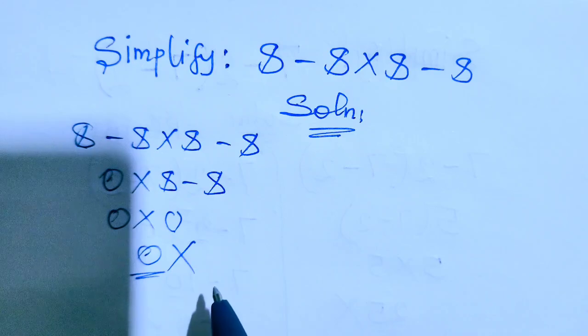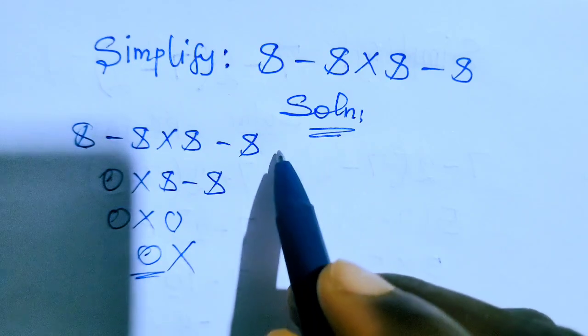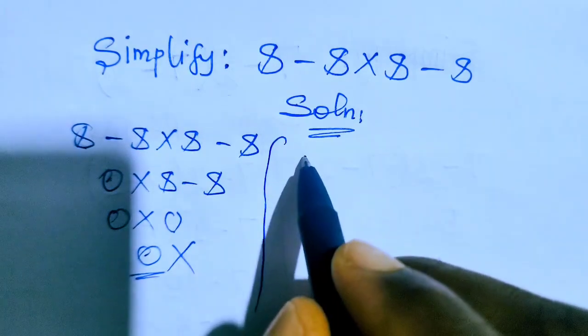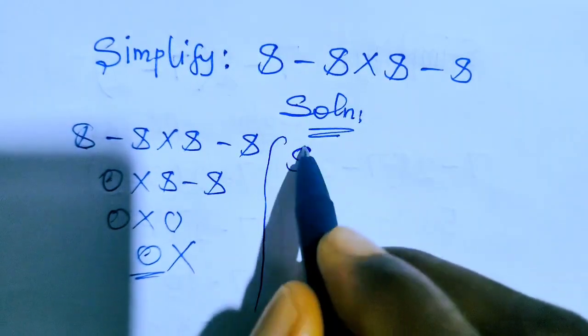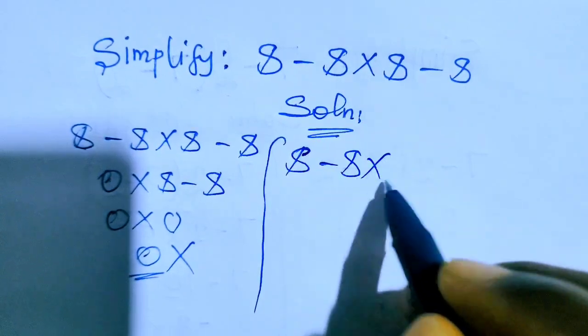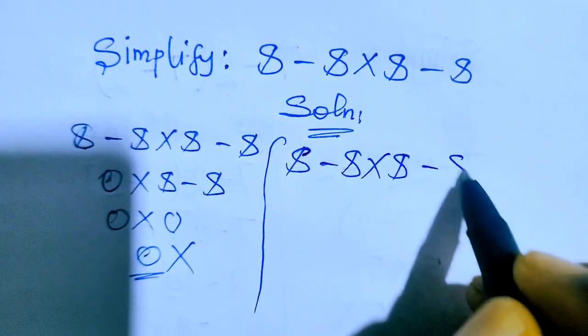Now, to simplify this correctly, we are going to have this 8 minus 8 multiplied by 8 minus 8.